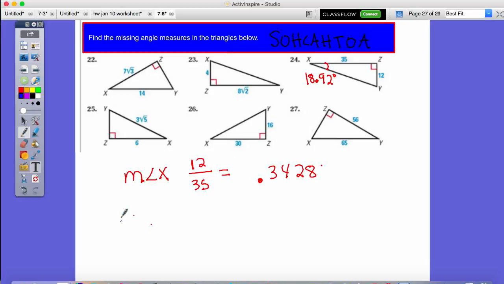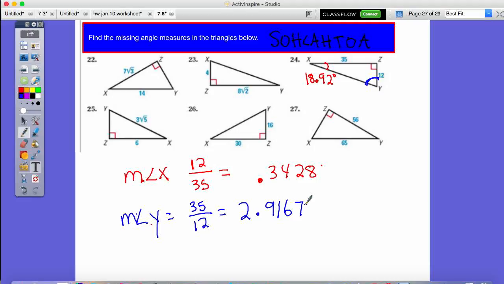Finding the measure of angle y. I'm again using tangent because I have no hypotenuse. My opposite leg to angle y is 35 and my adjacent leg to angle y is 12. So my opposite divided by my adjacent is 2.9167.